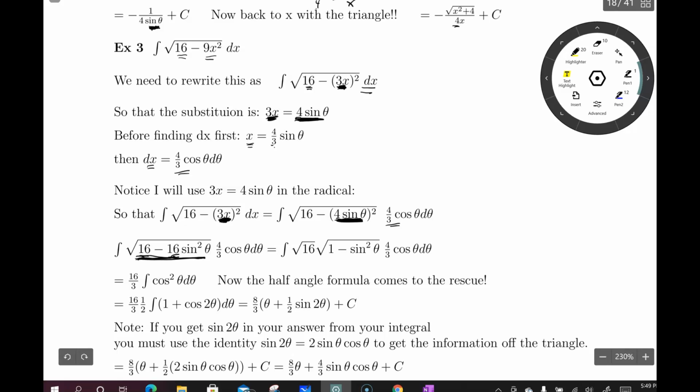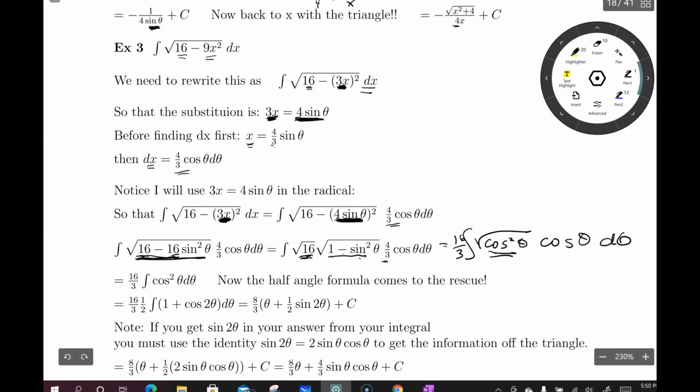This will happen every time. If it doesn't, you made a mistake. So root 16 comes outside, and I have 1 minus sine squared of theta, which I know is cosine squared in the radical. So let me just go slow. I'd have 4 from here and a 4/3. So 16/3 cosine squared under the radical and another cosine, right?